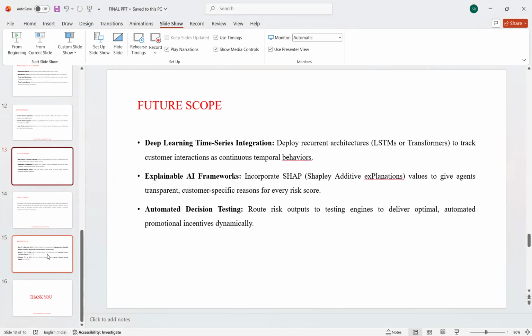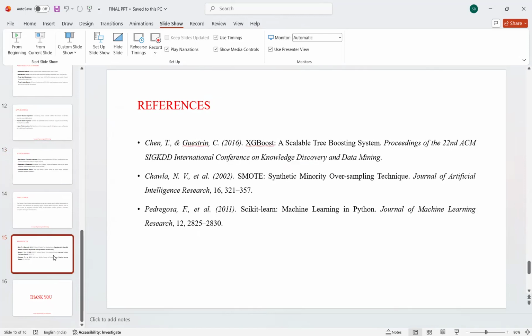Next, continued by Sri. So next, moving on to the reference part. Chen and Guestrin, in the year 2016, XGBoost: a scalable tree boosting system, was proposed at the 22nd ACM International Conference on Knowledge Discovery and Data Mining.